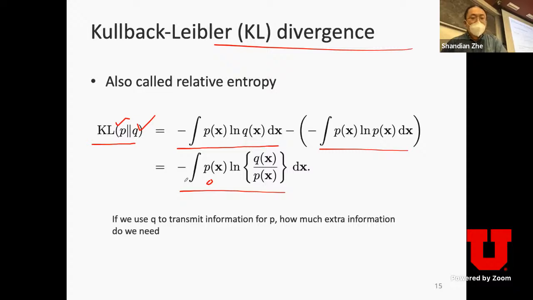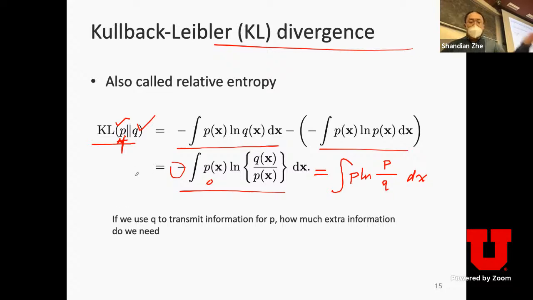Sometimes you can memorize it this way: you get rid of this minus sign, then you got the integral of P times the logarithm of P over Q, dx. So P is the left distribution here.